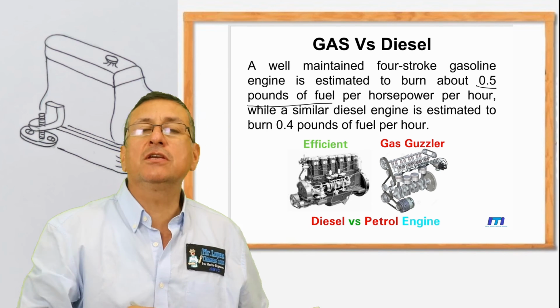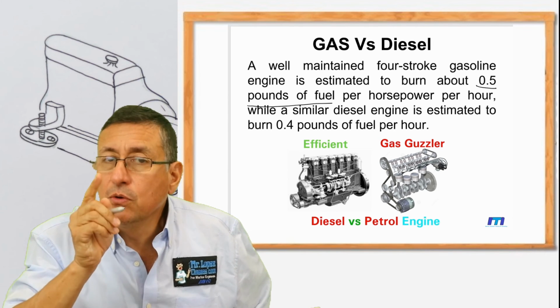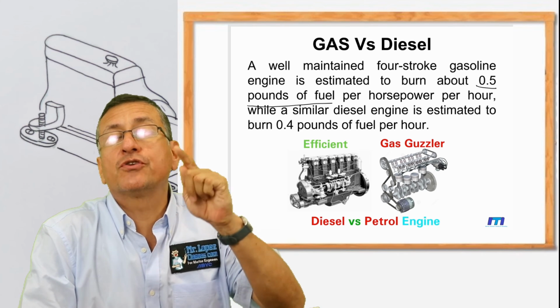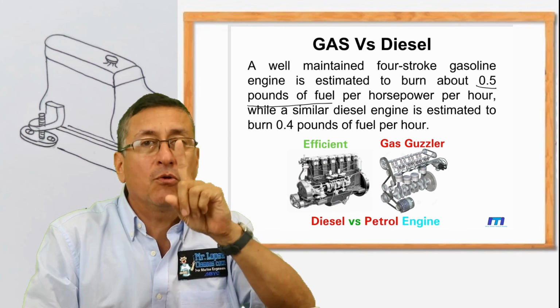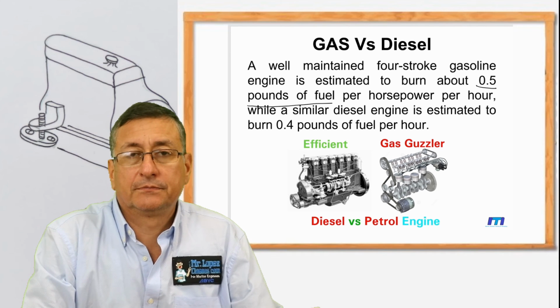That gasoline engine burns 0.5 pounds of fuel per each horsepower produced by that engine in 1 hour. Okay? The gasoline engine.